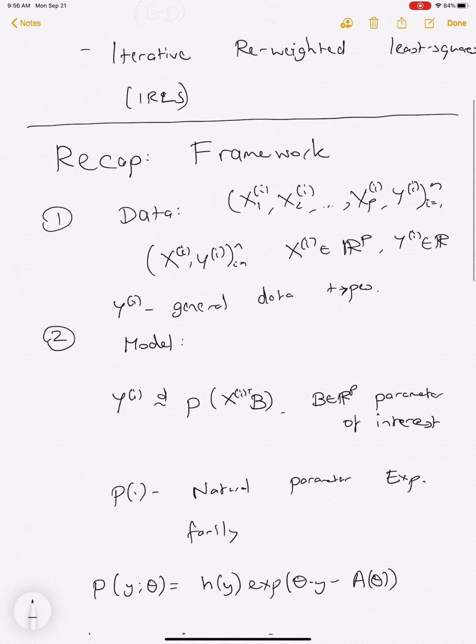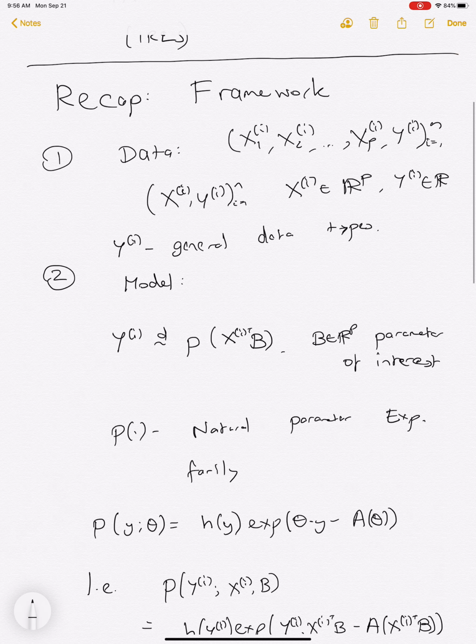So just to recap the framework, the situation that we've been dealing with for the last two or three lectures. We're again in this supervised setting where you have p covariates and a response and n samples of these. There are two ways to express that data. You can think of it as the subscript j for the covariate and a superscript i for the sample index.